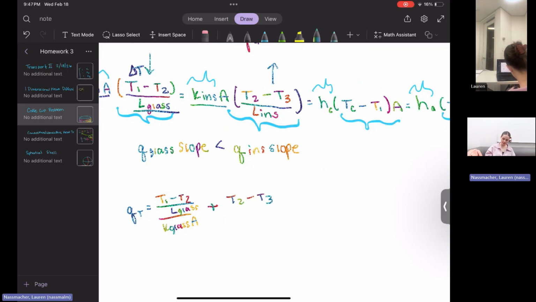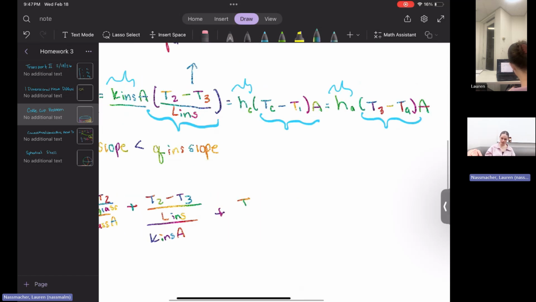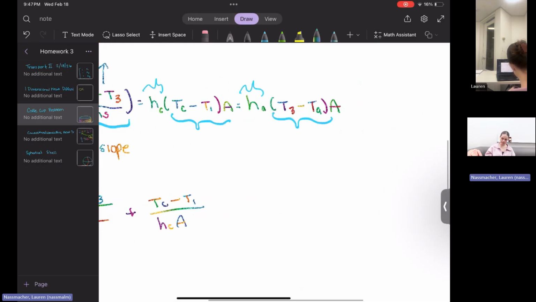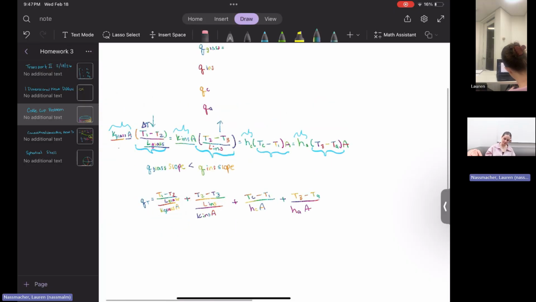T2 minus T3, temperature 2 minus temperature 3, divided by the length of the insulation, thermal conductivity of the insulation multiplied by the area, Tc, temperature of the coffee, minus temperature of the first sector, heat transfer coefficient 3 minus Ta, air coefficient, and now we have this massive equation right here.